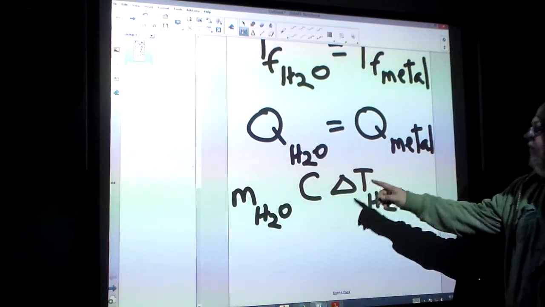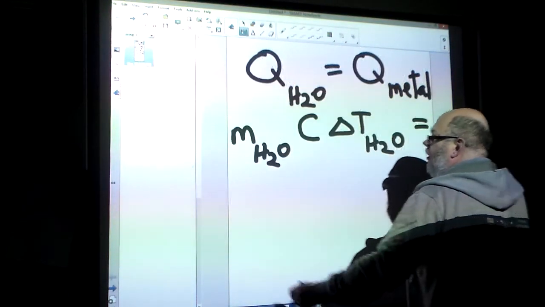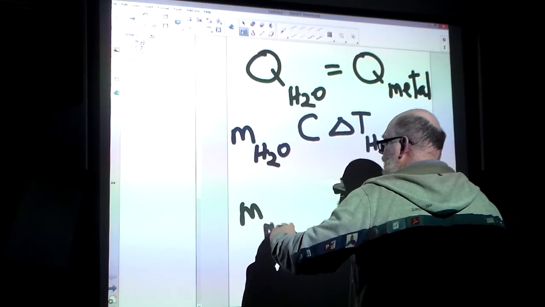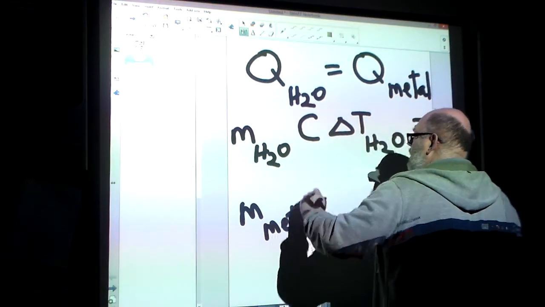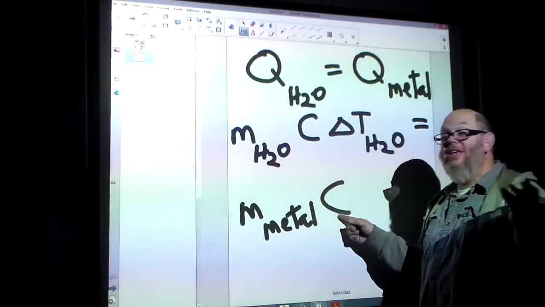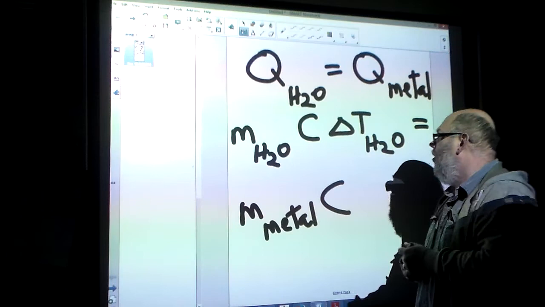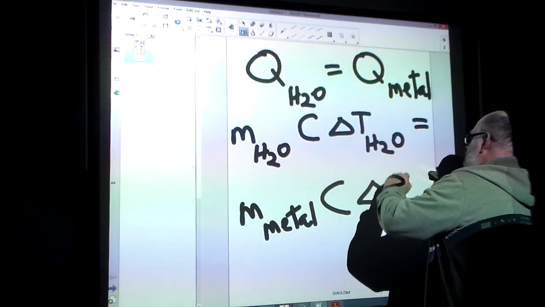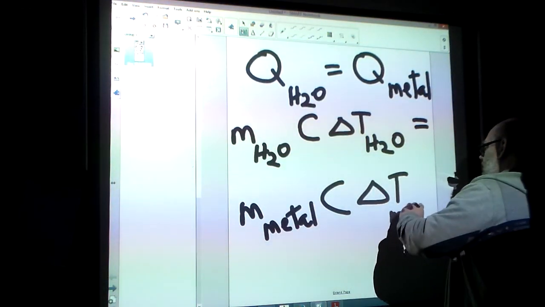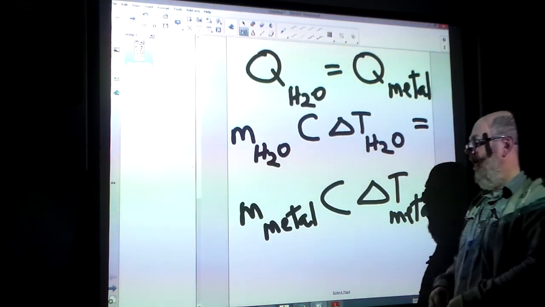So that's going to be our MCΔT for the water. That is going to be equal to the mass of our metal times the specific heat constant, which is the objective for this lab, to find the specific heat constant for our metal, times the temperature change of our metal. That's the idea behind this lab.